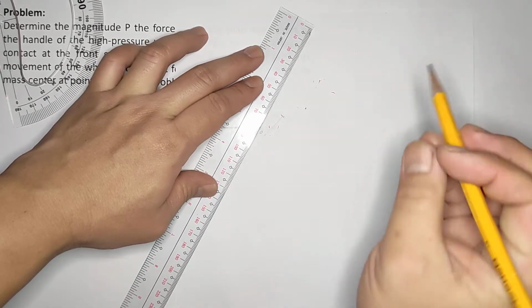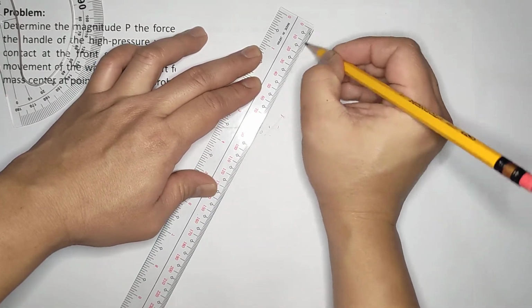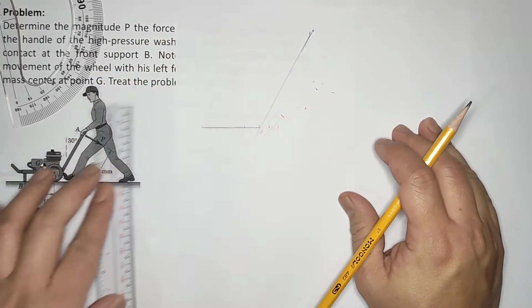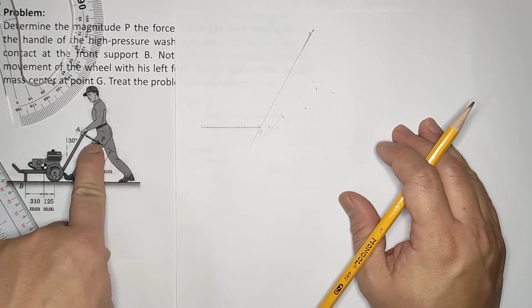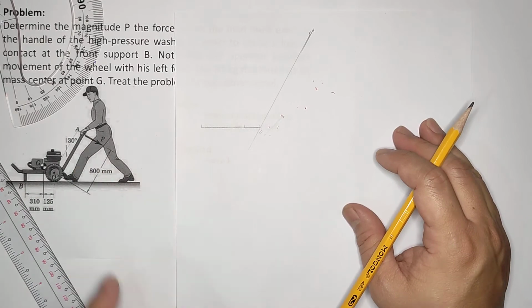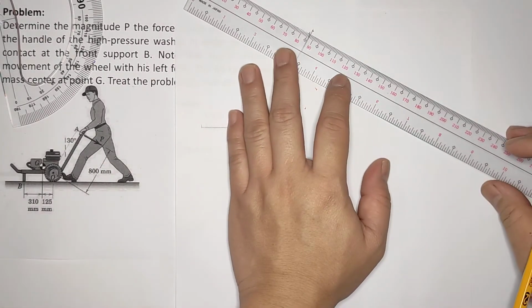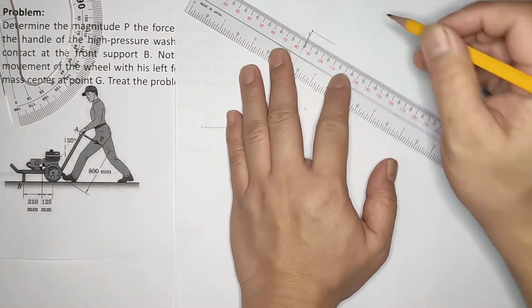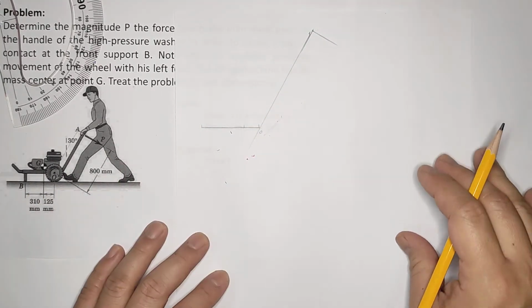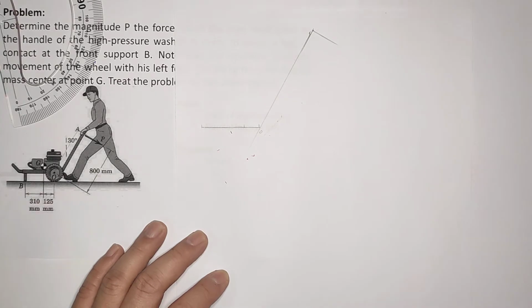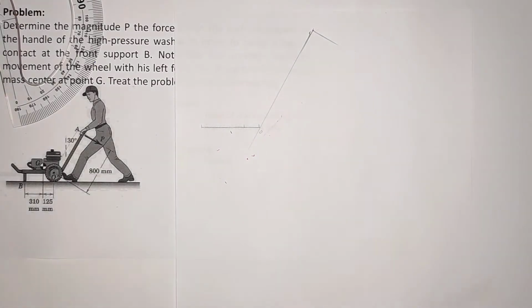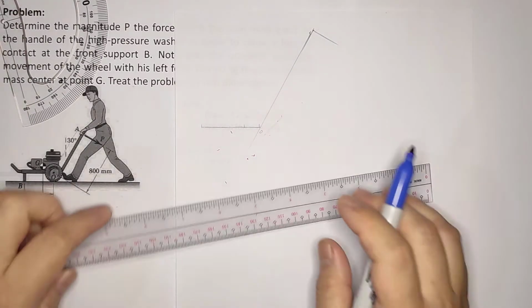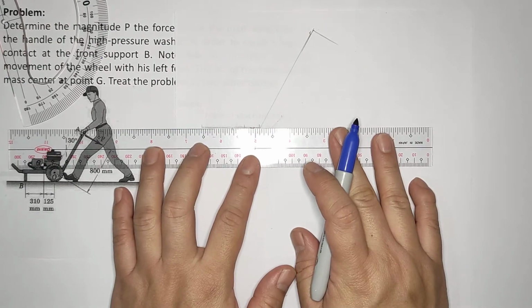So it's almost at the top. Then take note that the force is perpendicular to the handle. So that is there. This is the free body diagram.